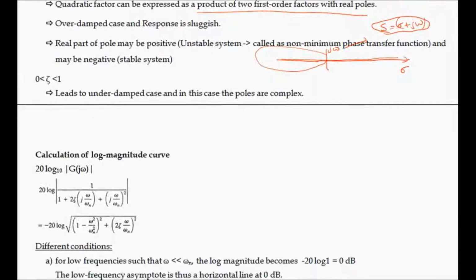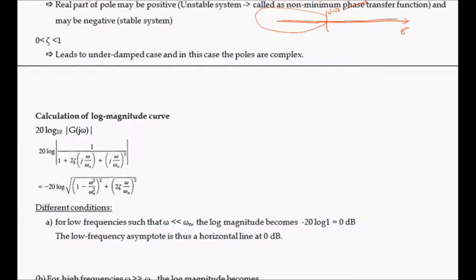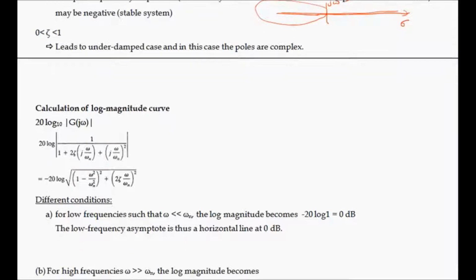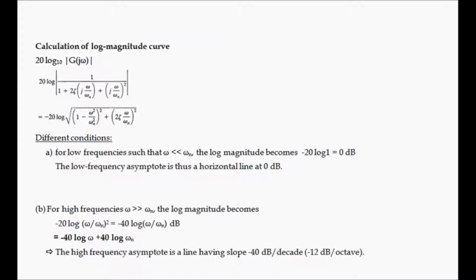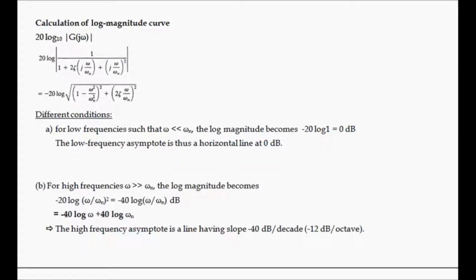So how will we draw the Bode plot of this quadratic factor? Consider this quadratic factor. First we will try to draw the log magnitude curve, then we will draw the phase curve.